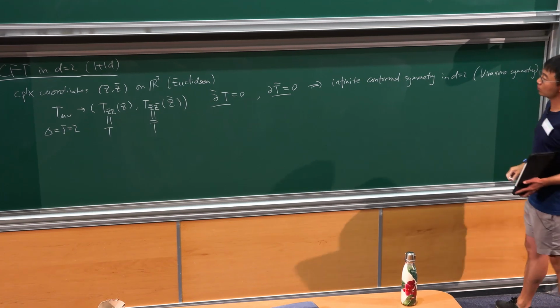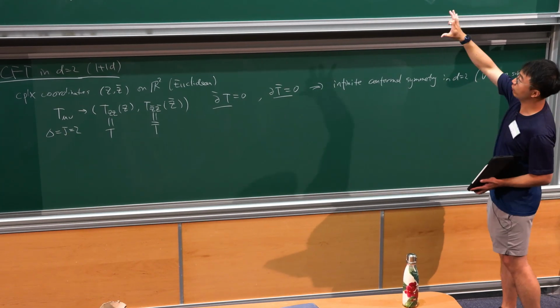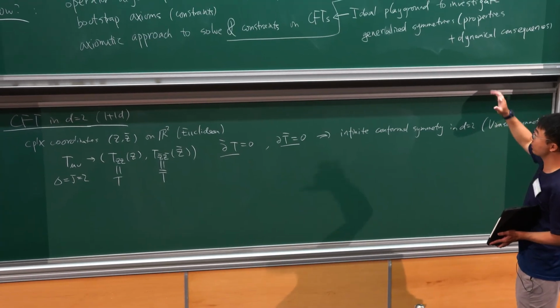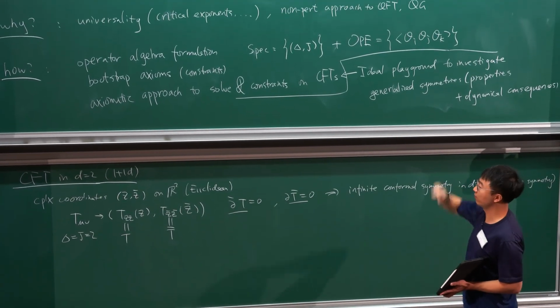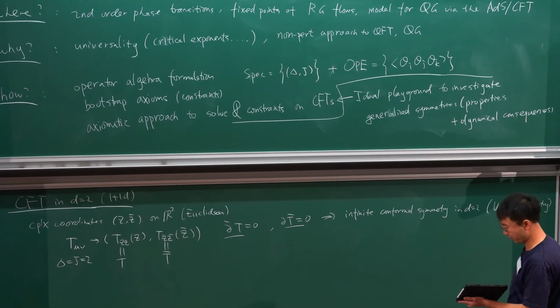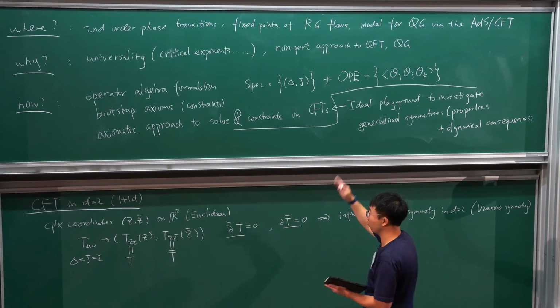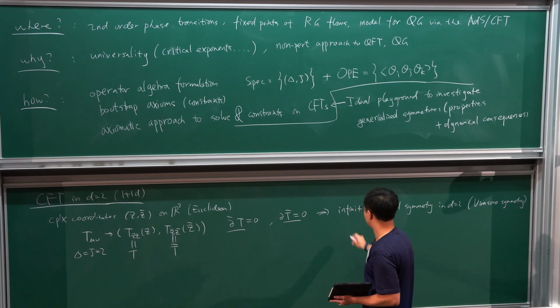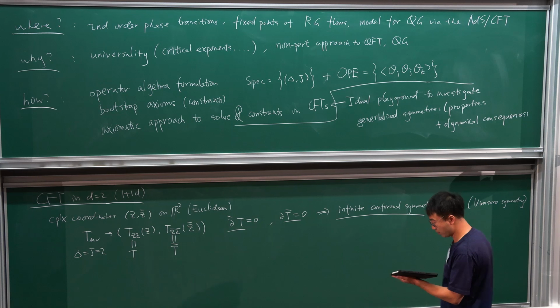Okay, and this is what's going to help us in further constraining how the data of a CFT is represented, in this very small set of numbers compared to the full set of correlation functions and so on. And you can ask where this infinite conformal symmetry comes from.